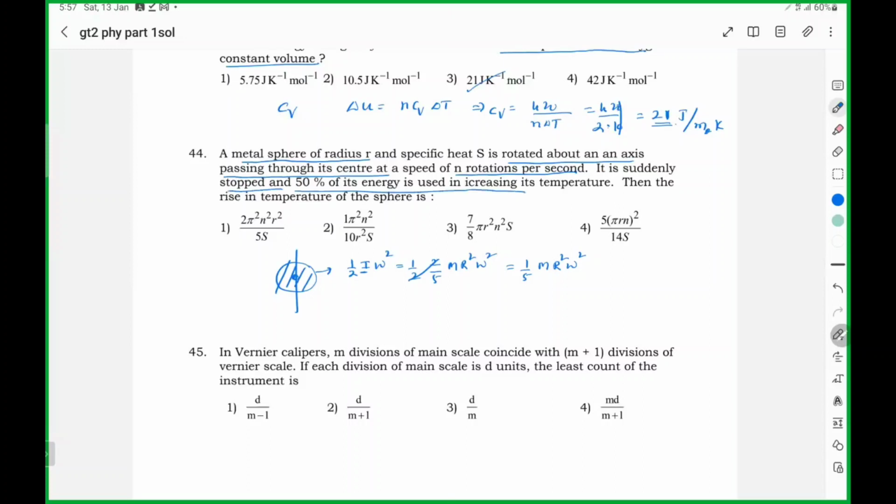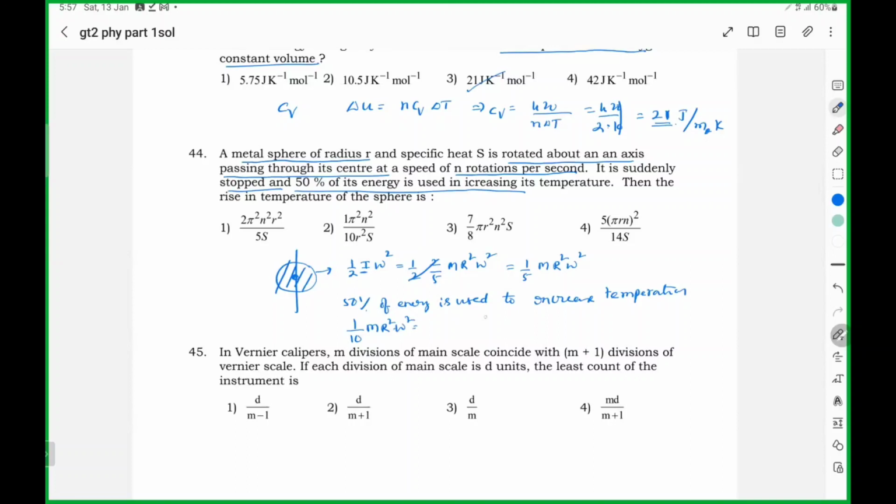It is suddenly stopped and 50% of the energy is used to increase the temperature. So 50% means 1 by 10 of m r square omega square, and that is converted into heat.